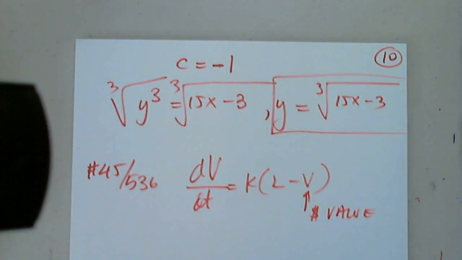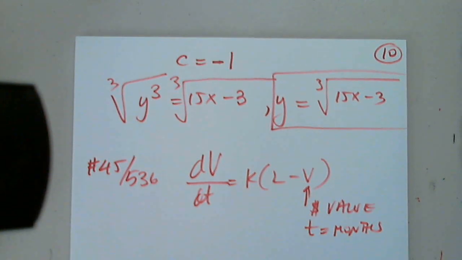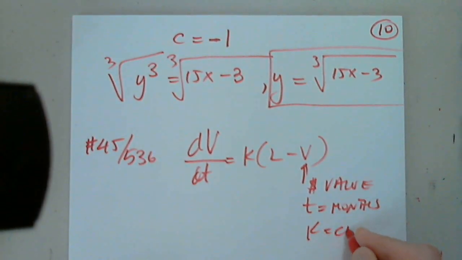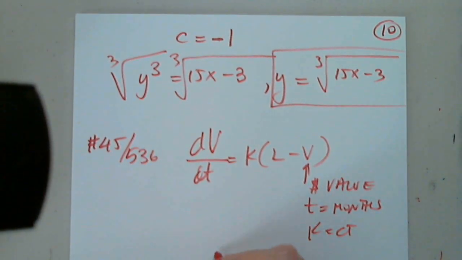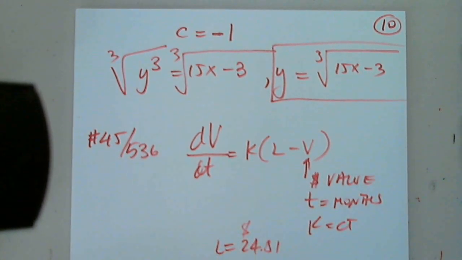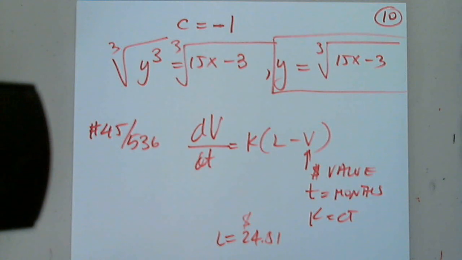Then t is in months. K is a constant. And we are told that L equals $24.81, given to us as the limiting value of the stock. And we are also told that V of 0 is 20.